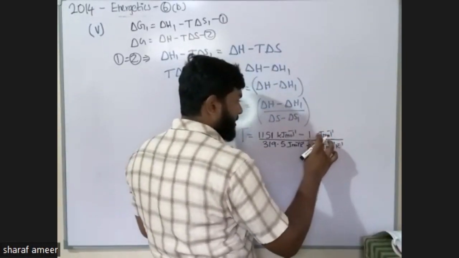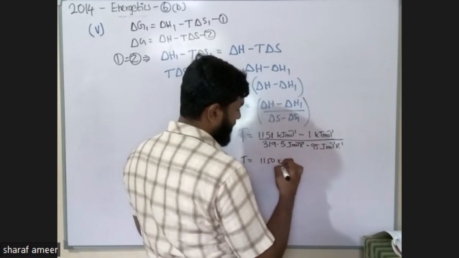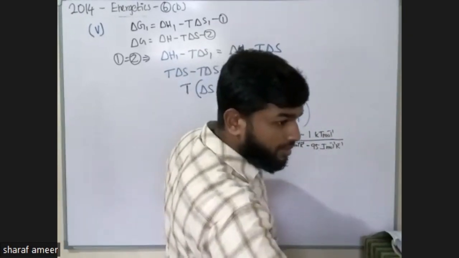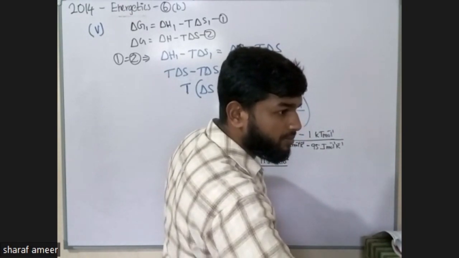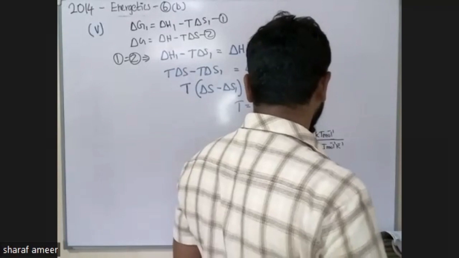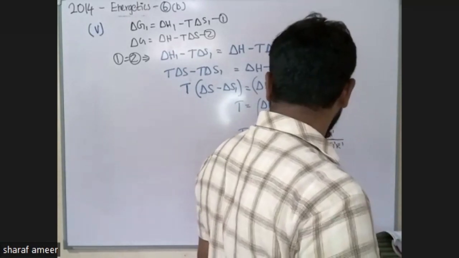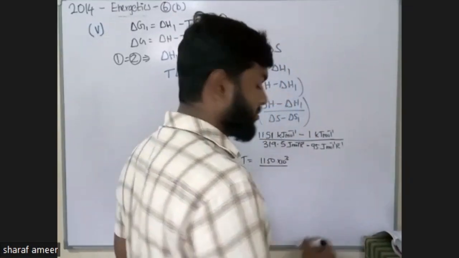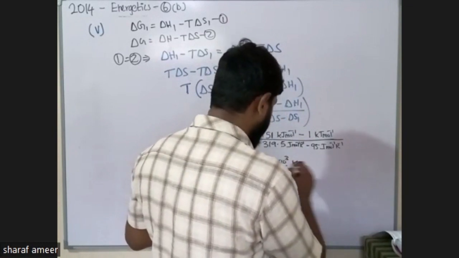So you can give the substitution here. T is equal to, we convert 1150 into 10 to the power 3, divided by 319.5 minus 95, which is 224.5. Here we have the Kelvin.